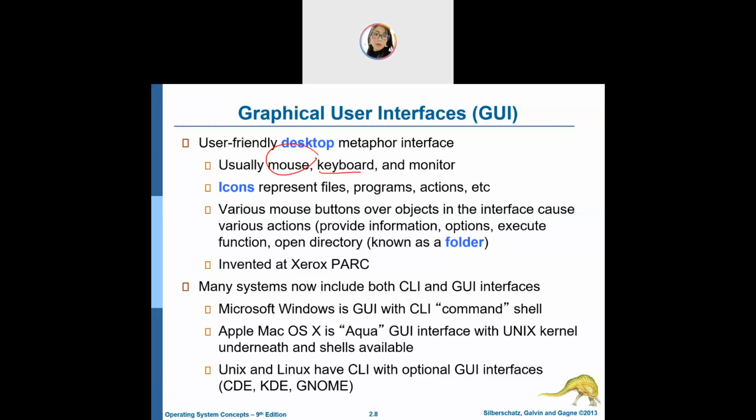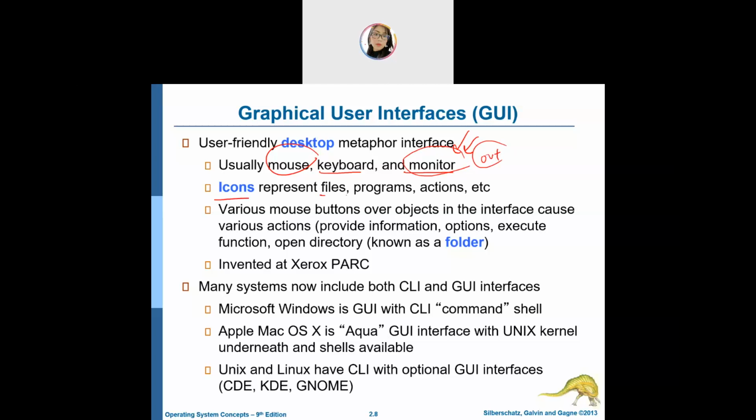Sometimes you can just use the keyboard arrow up, down, left, right, and the rest. Another one is the monitor. Currently we can also have a touch screen, so it can act like a mouse, but it is also the output device for your computer system, to visualize whatever output you need.